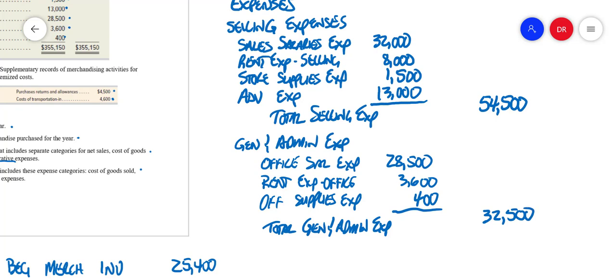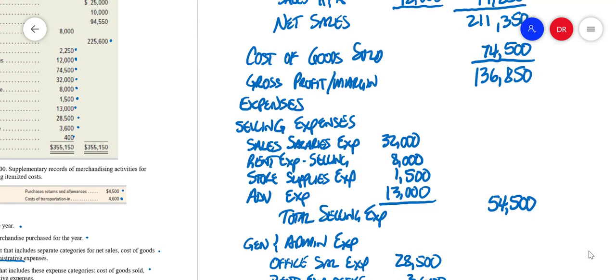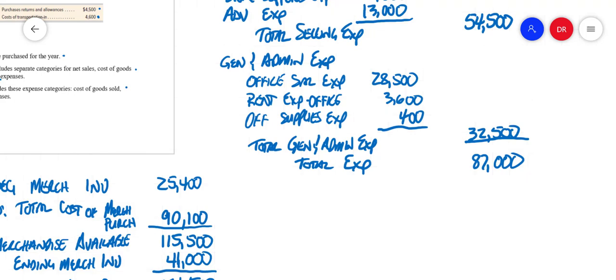Okay, once we have that, we can have total expenses, where we add together these two, 54,500 plus 32,500, we get 87,000 even. And then we subtract this from the gross profit or margin up here, 136,850 minus 87,000.